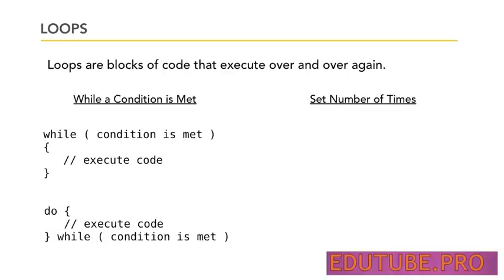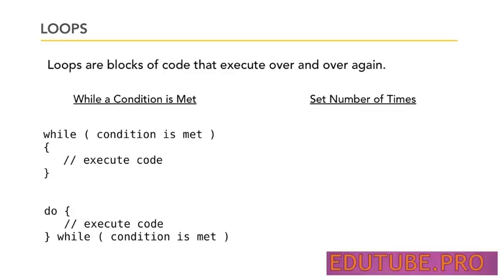And the main difference here is that the while loop is only going to execute when that condition is met. If that condition test is not met, nothing inside the while loop is going to run, and that condition is evaluated before the while loop ever even gets a chance to run. The do while loop is a little bit different. The code that is inside that loop is going to execute at least one time.